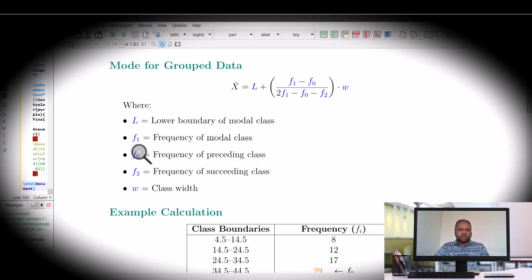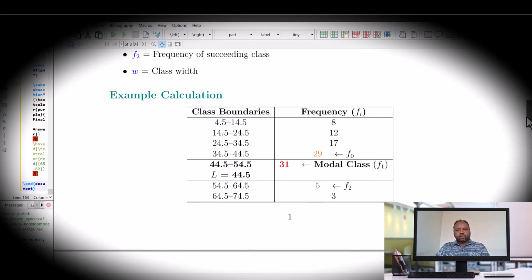Everything is explained here. So L is the lower boundary of the modal class, F1 the frequency of the modal class, F0 the frequency of the preceding class, F2 the frequency of the class succeeding the modal class, whereas W is the class width.